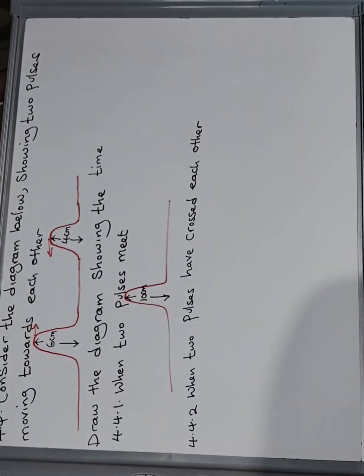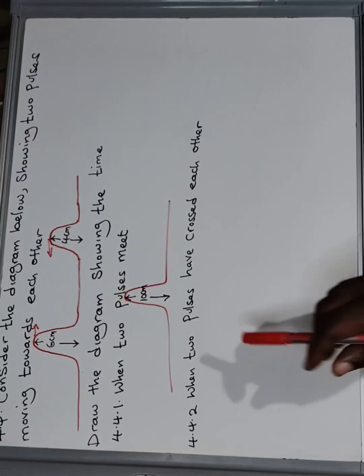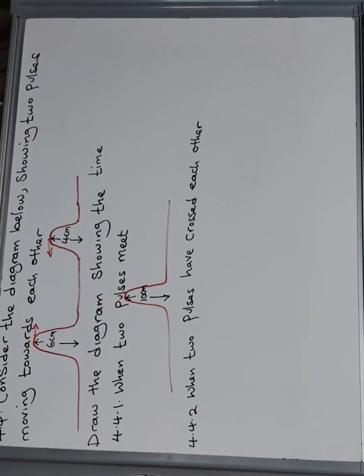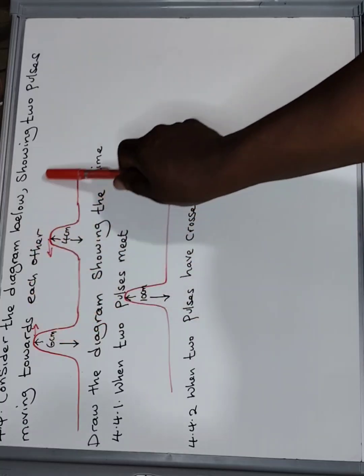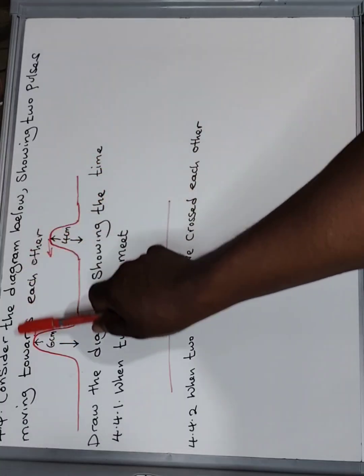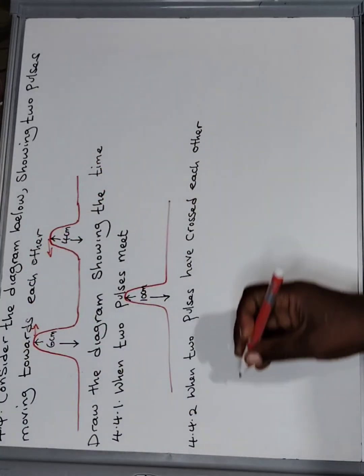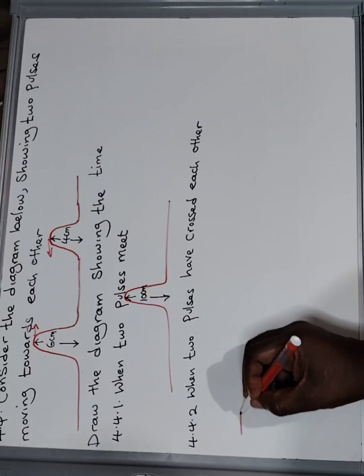So now comes the next question. It says, draw diagram showing the time when two pulses have crossed each other. Here we have to remember that when the pulses cross each other, they remain the same as it was before, with the same amplitude. So remember, what are we going to have? The 6 is going to be that side, and the 4 is going to be this side. So we are going to have a situation like this.